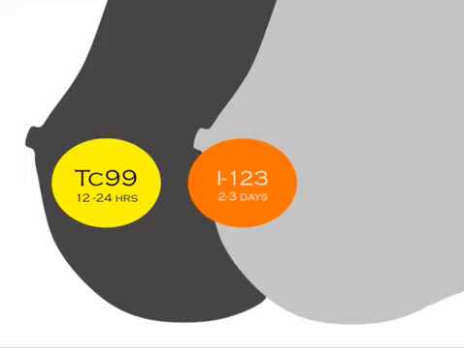Another really common multiple choice gamesmanship thing is, what do women do who are lactating? TEC, which has a short half-life, you can resume breastfeeding in 24 hours, one day. 123, which has a slightly longer half-life, you can resume in 2 to 3 days, and the way I remember that is 1, 2, 3, 2, 3, 2 days, 2 to 3 days.